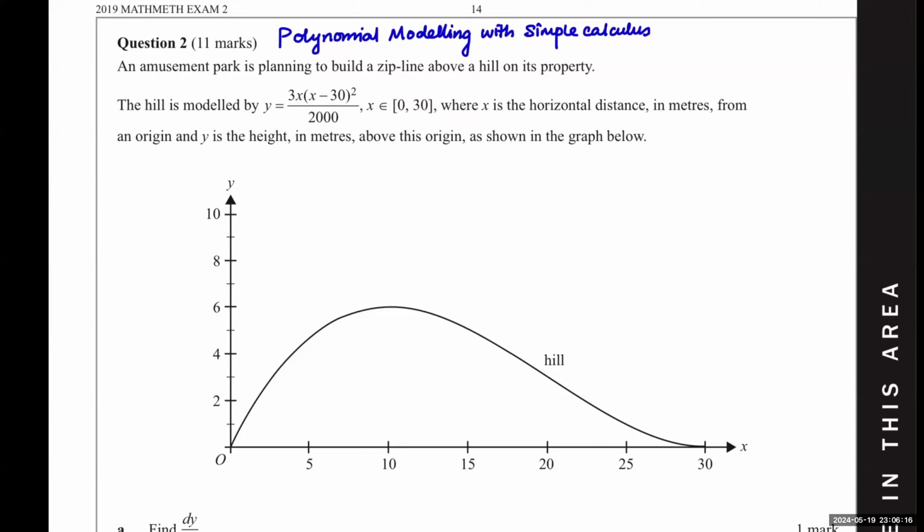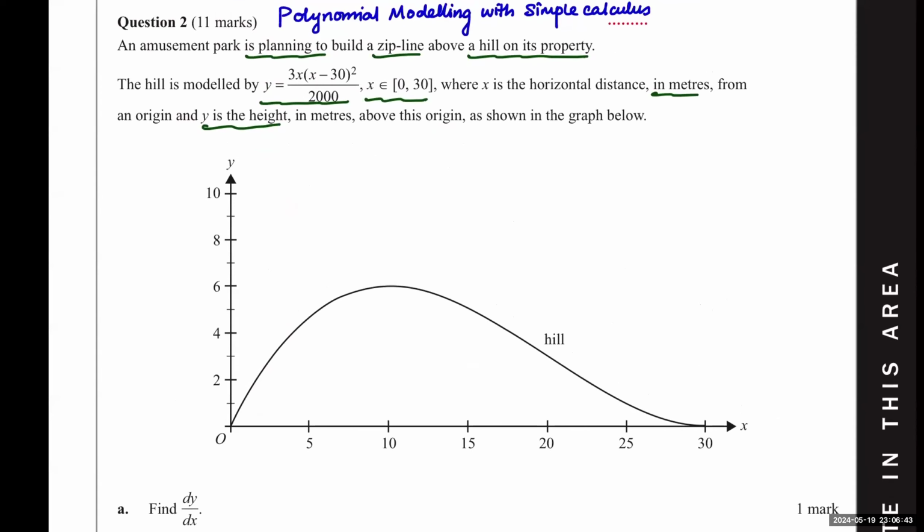Now we are looking at an amusement park. It's planning to build a zip line above a hill on its property. So the top edge of the hill is modeled by this cubic function from x equals to 0 to x equals to 30. And x is the horizontal distance in meters from an origin, and y is the height in meters above the origin, as shown in the diagram.